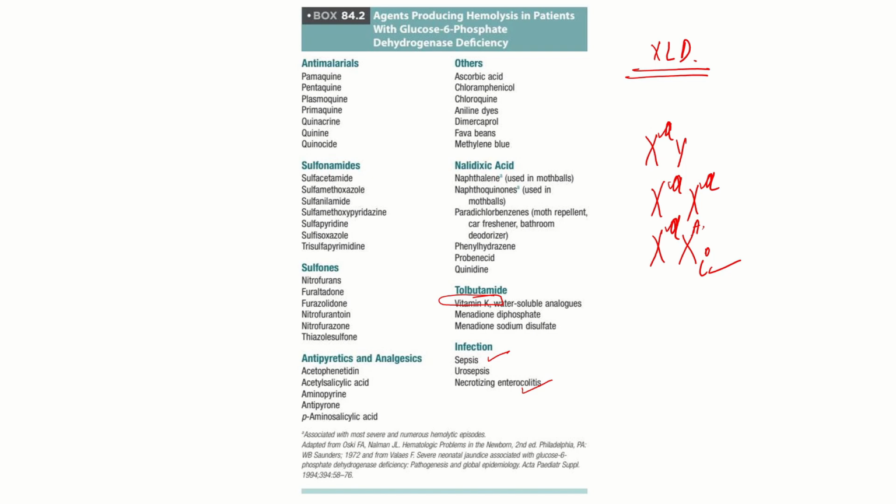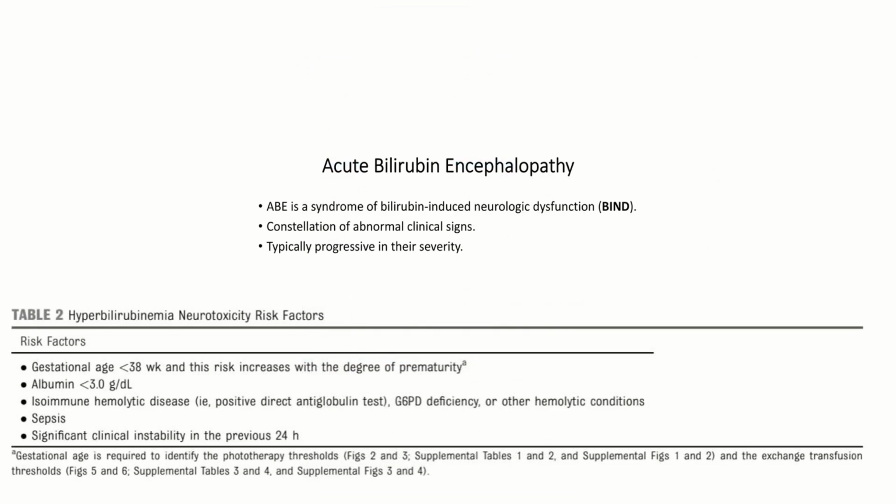Now that we know all the causes of hyperbilirubinemia, let's see how the neurotoxicity presents. We had read that all the acute neurological signs and symptoms due to hyperbilirubinemia are referred to as acute bilirubin encephalopathy.